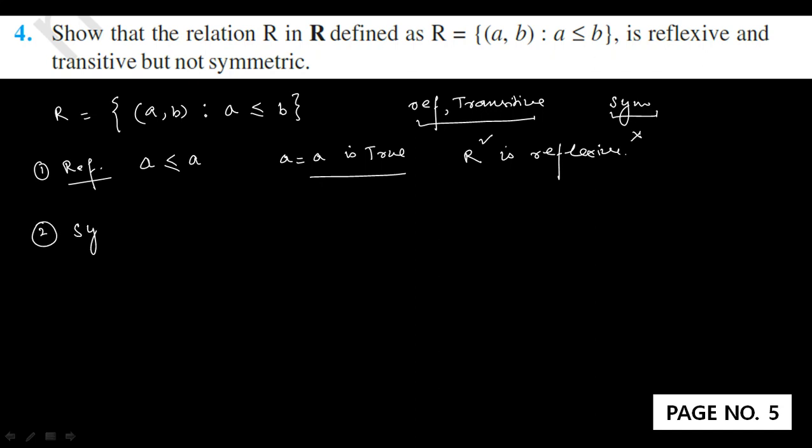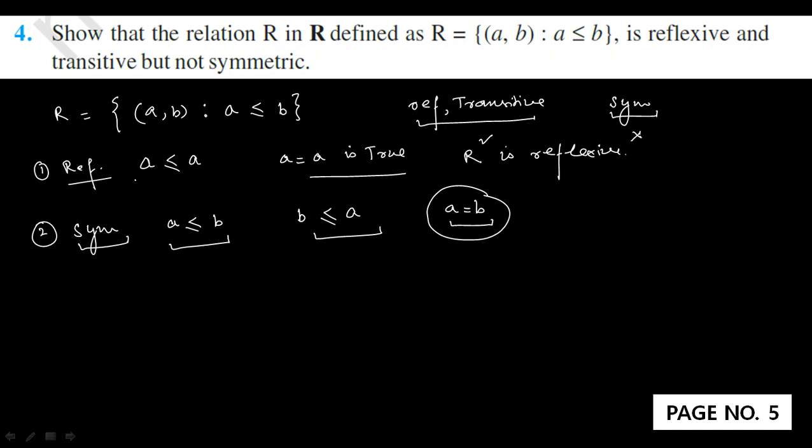Second one is symmetric. If I am talking about A less than equal to B, then I am writing B less than equal to A. Now this one is possible only when A is equal to B. It's possible only when both the values are equal. But this condition lies inside reflexive. Okay.